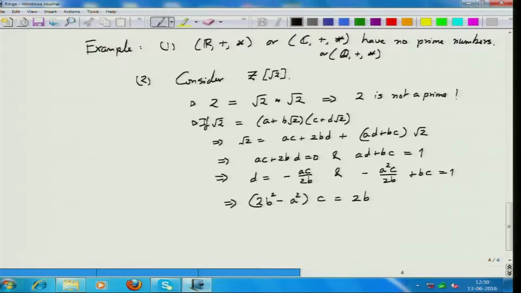So now we have to do a slightly messy argument. If a is an even number, then a square is a multiple of 4. Correct?